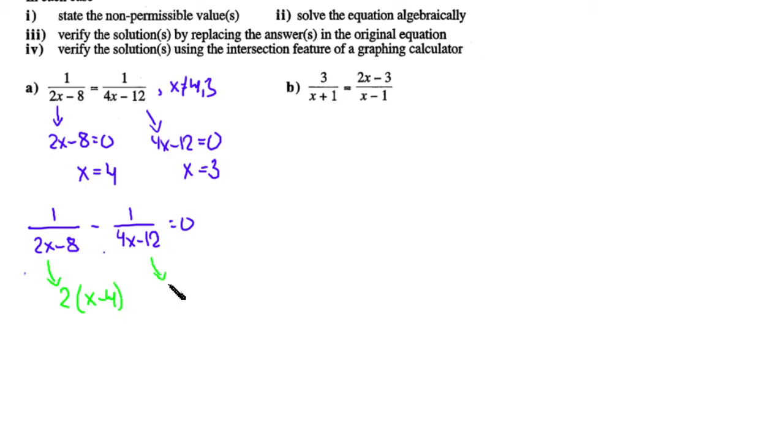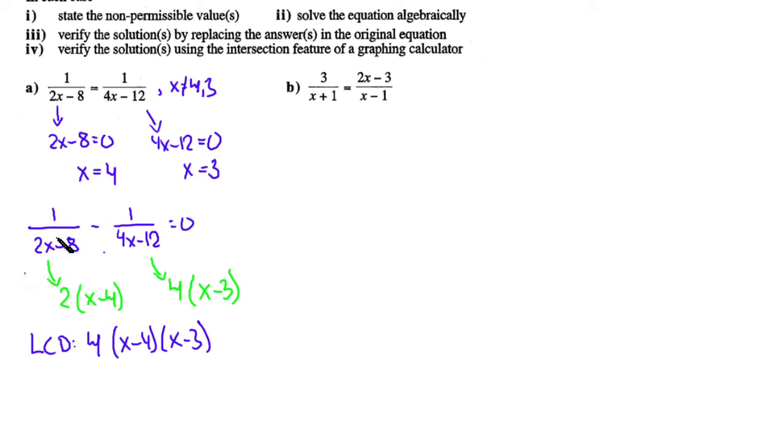Over here, we can factor out a 4, and we're left with x minus 3. So now we have a lowest common denominator. 2 and 4 gives us 4, and then we have x minus 4 times x minus 3. That's our lowest common denominator.